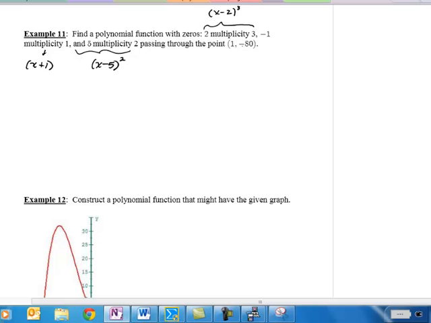Passing through the point (1, -80) is not a factor. We'll think about how to deal with that separately.